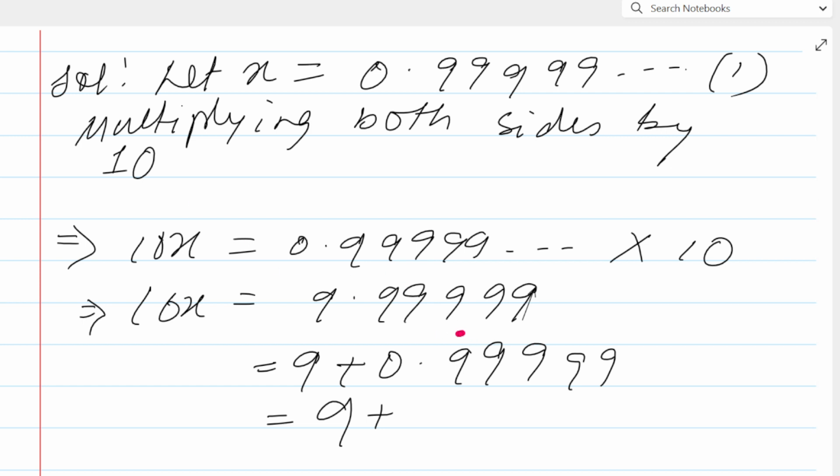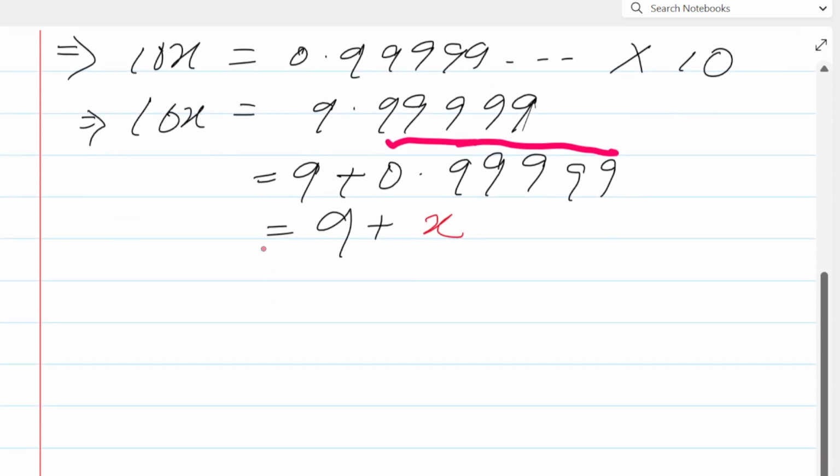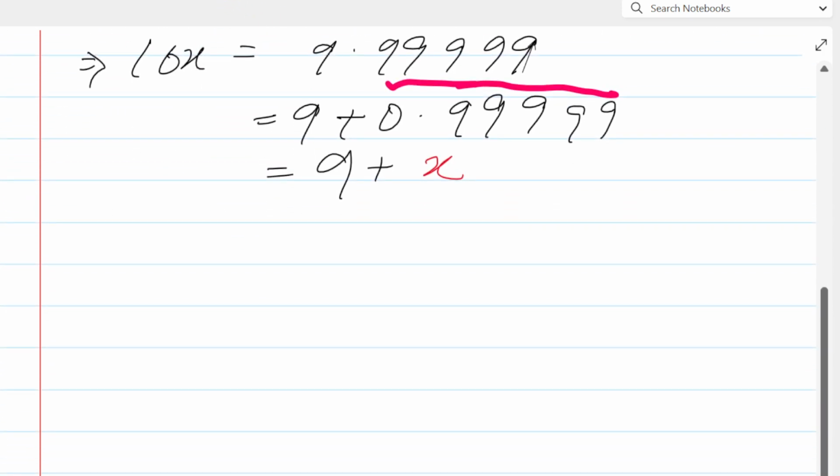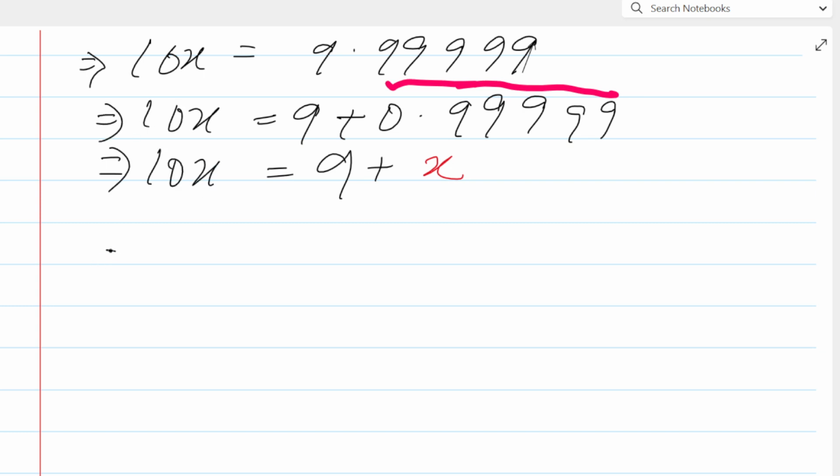How much is this value? This is your x. So this is my 10x. This also 10x. So this is 10x minus x equals to 9.